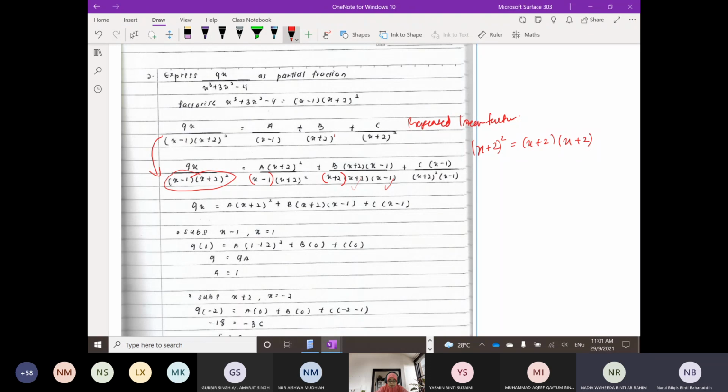Look carefully. The missing factor is x minus 1. So that means we need to times x plus 2 squared with x minus 1. And for C also we need to times with x minus 1. Okay. Next step.